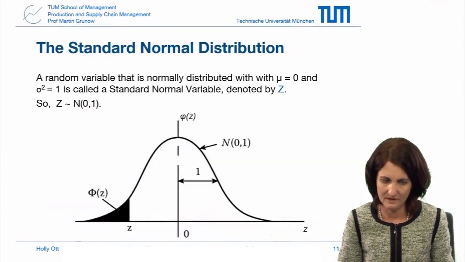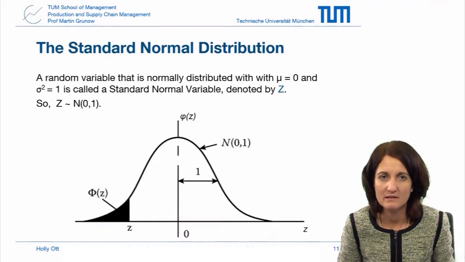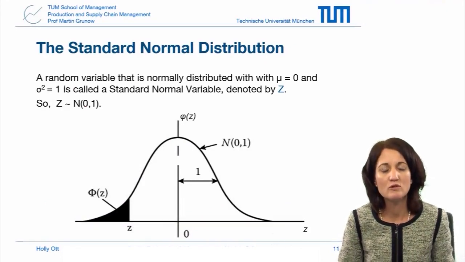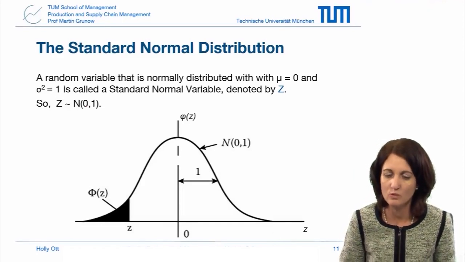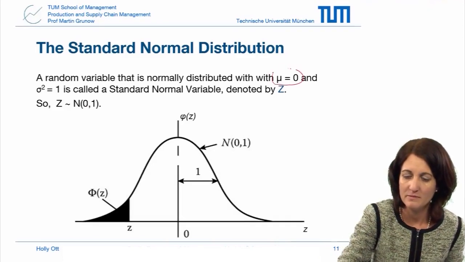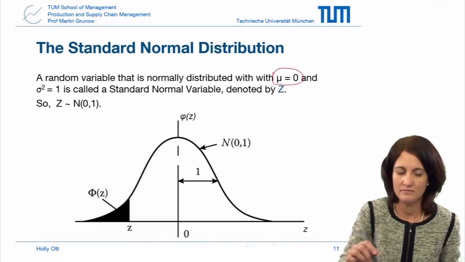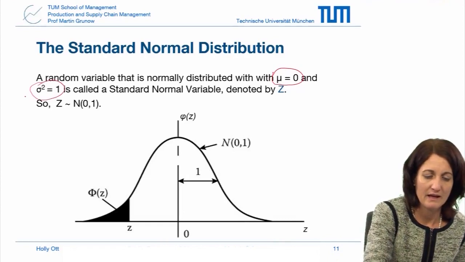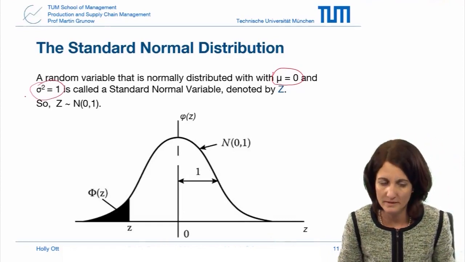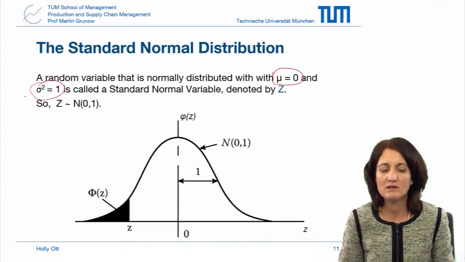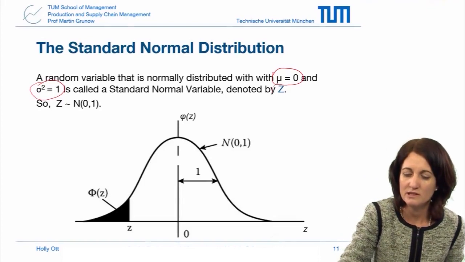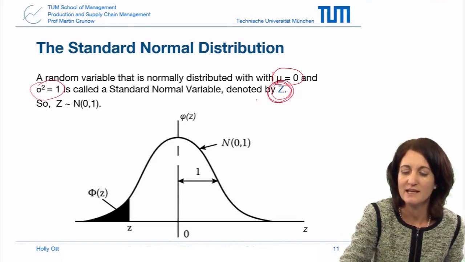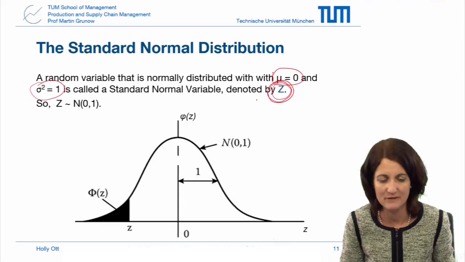Let's look at the standard normal distribution. This will help us. So if we have a random variable which is normally distributed with the mean equal to 0 and the variance equal to 1, this is called a standard normal variable, and it's denoted by, especially for this case, not by x, by the letter z.